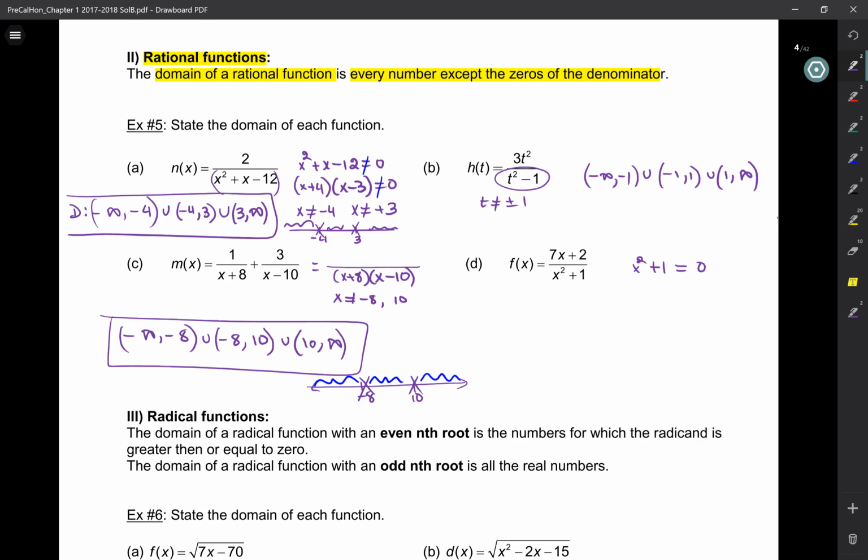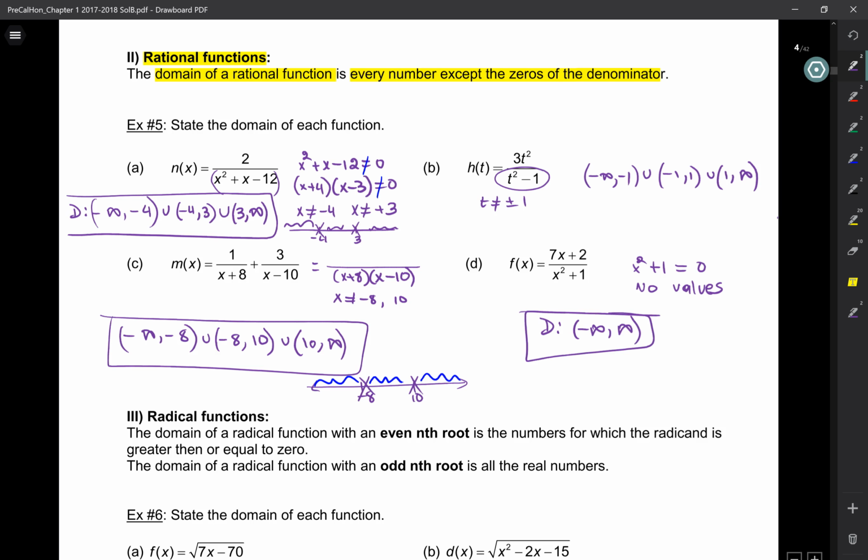So basically, what are you doing here? You're taking a number, you're squaring it, now you made it positive, and then you're adding 1 to it, so you're increasing it. That means this can never equal 0. So there are no values, which means the domain is negative infinity to positive infinity.